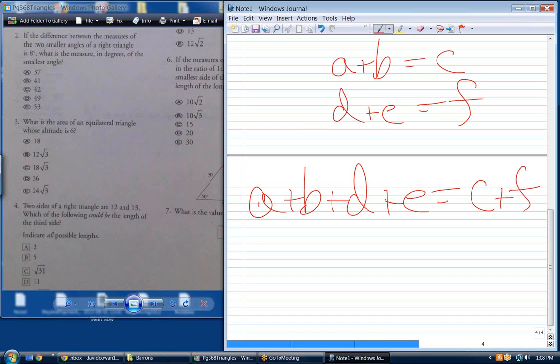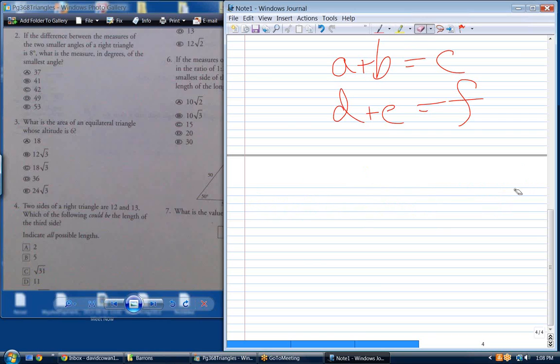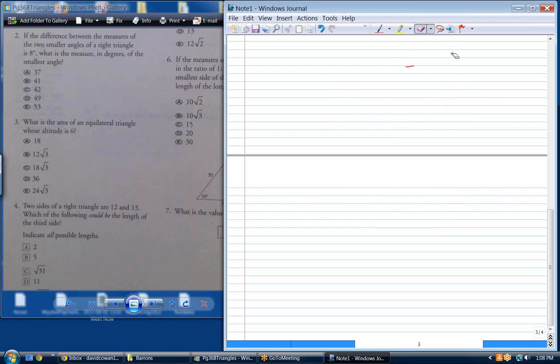Or I can subtract them. But I can't square them both or anything like that.